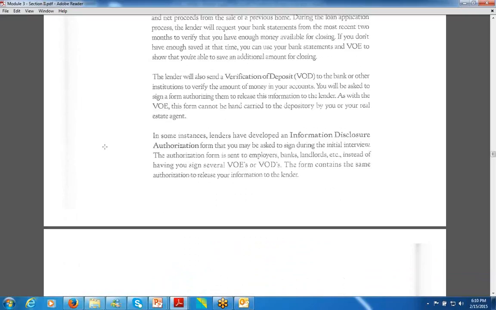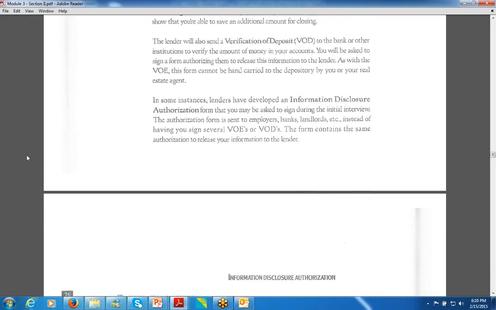So the information disclosure, one of the things that you will sign when you apply for your loan is you'll sign the verification of deposit, you'll sign the verification of employment to be sent to your lender. The verification of employment gets sent to your employer. Verification of deposits gets sent to your financial institution where you have your deposits.